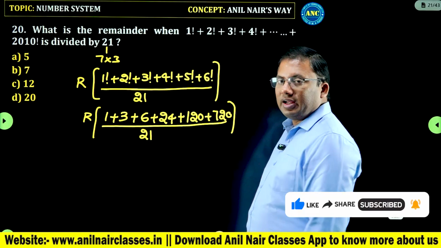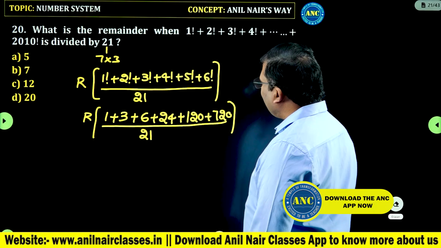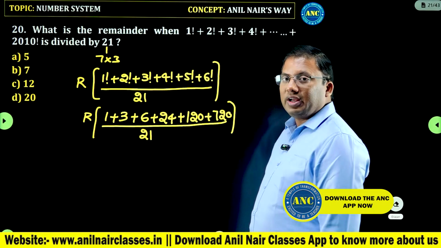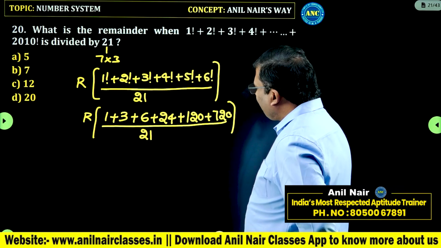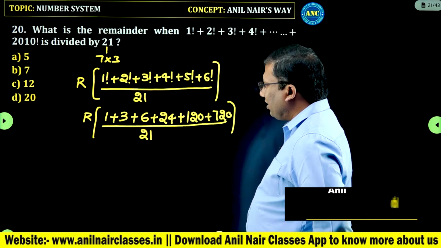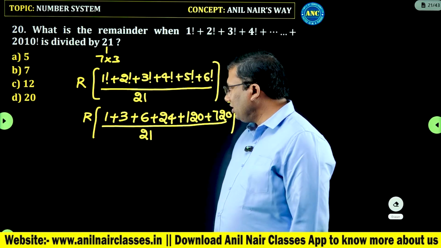1 factorial is 1, 2 factorial is 2, 3 factorial is 6, 4 factorial 24, 5 factorial is 120, 6 factorial is 720, divided by 21. 21 is 3 into 7.